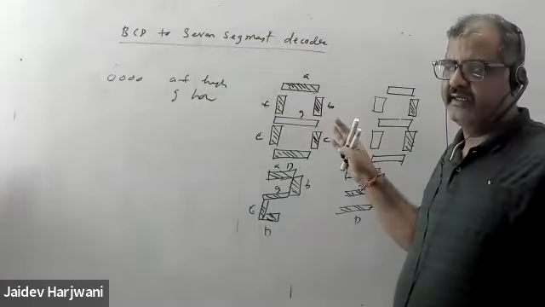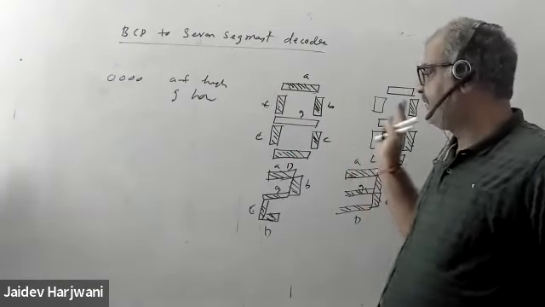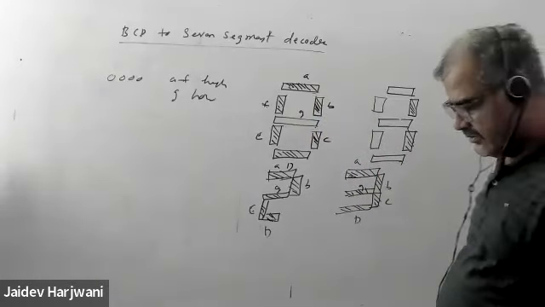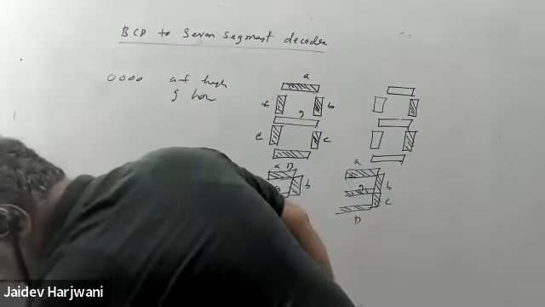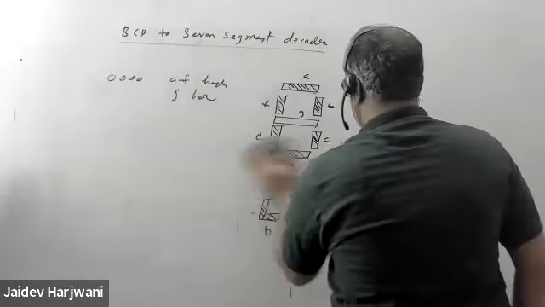Are you getting this, what I'm doing here? Yes, sir. Now I want to write this logic in a truth table and see how to perform this circuit logically.